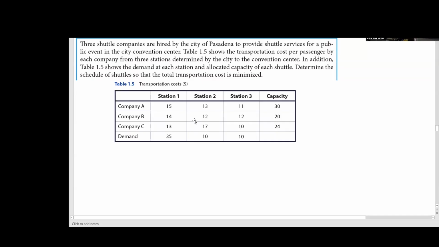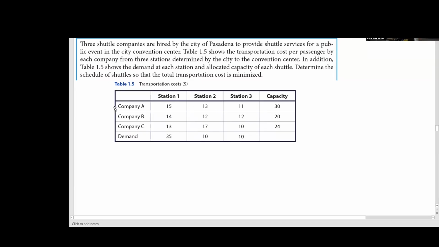Table 1.5 shows the transportation cost per passenger by each company from 3 stations. In the last row is how many people you have in each station: 35 at station 1, 10 at station 2, 10 at station 3. These companies can take these people from these stations.